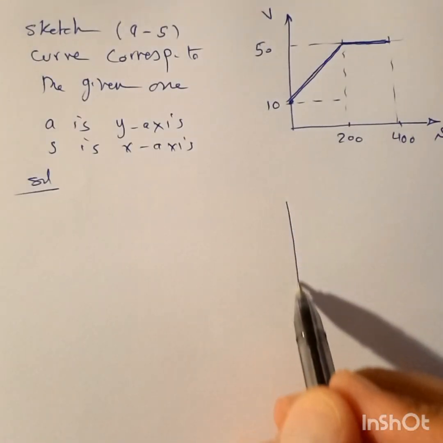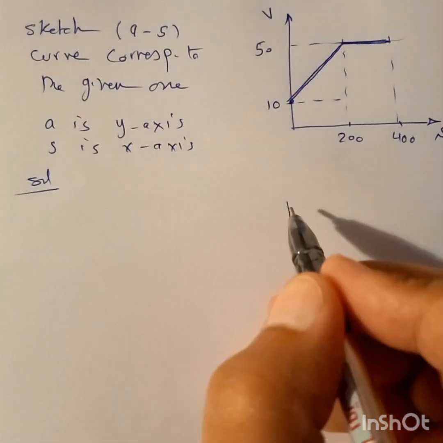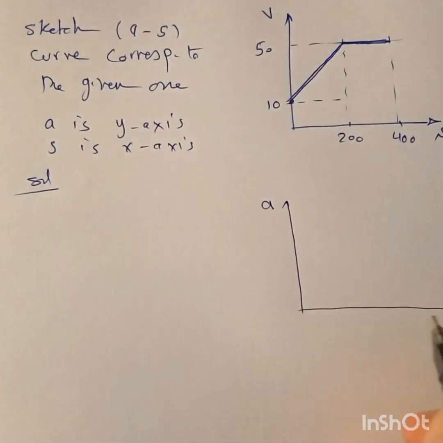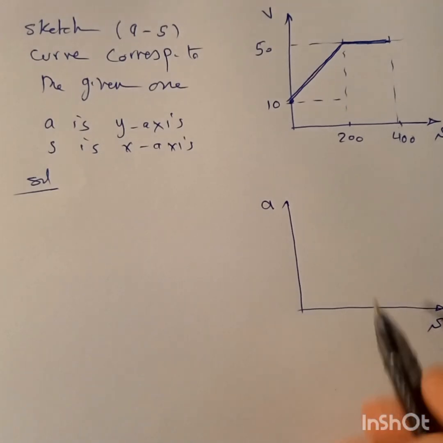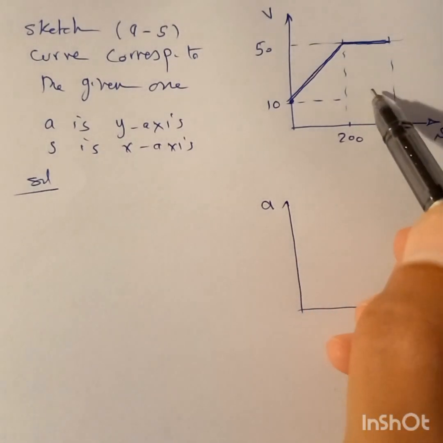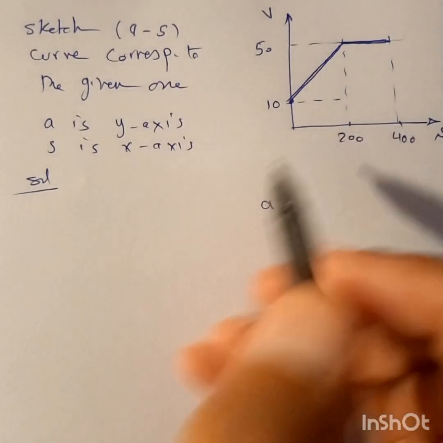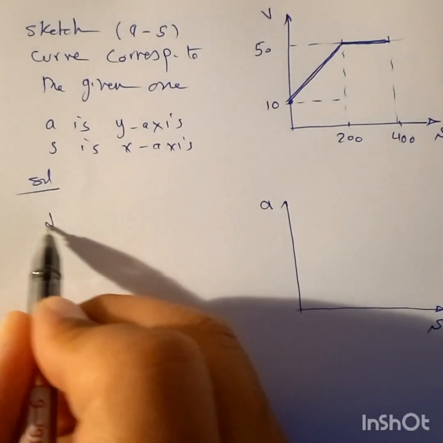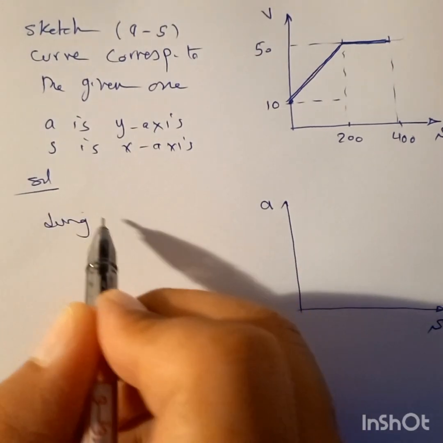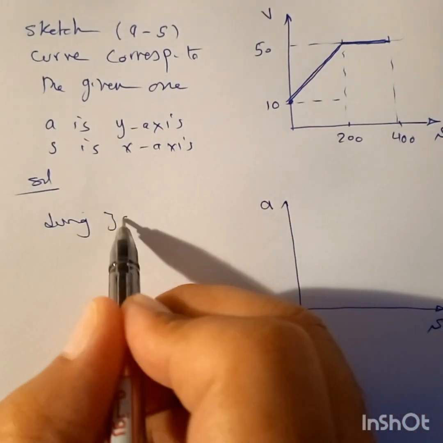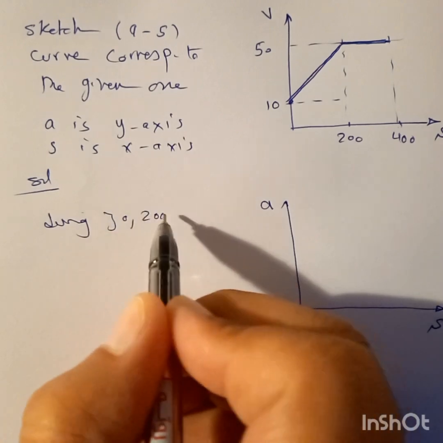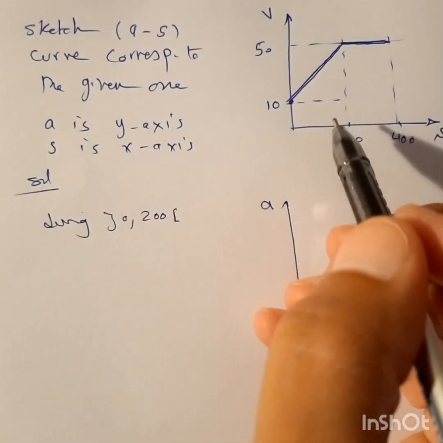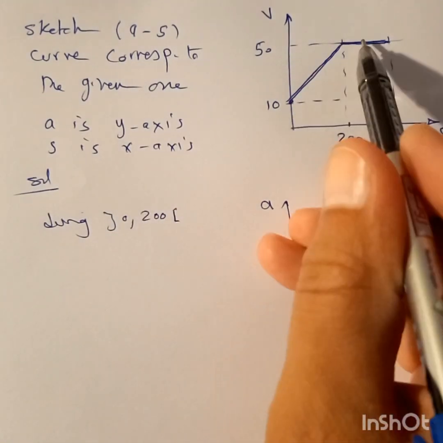Then we need to draw this curve. Here is acceleration and here is displacement, which corresponds to this one. Okay, first during the displacement interval 0 to 200, we need to find the equation of this curve.